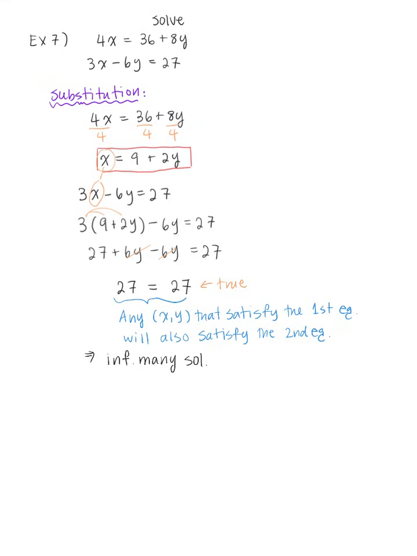Now in mathematical notation, you're going to write it like this. Set of all ordered pairs x comma y such that, and next you can put either one of the equations. So we're going to have 4x equals 36 plus 8y, or you can have 3x minus 6y equals 27. So this notation indicates that there are infinitely many solutions.